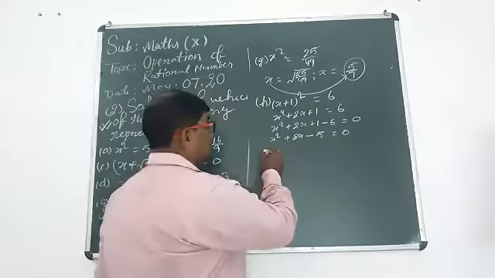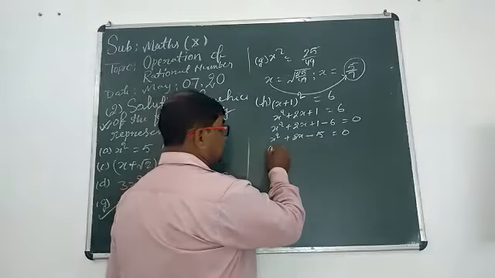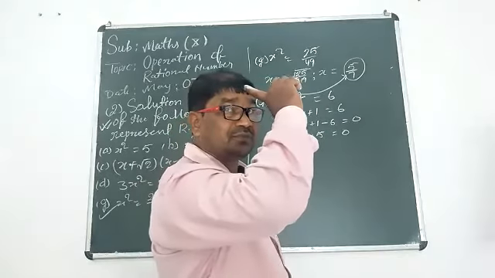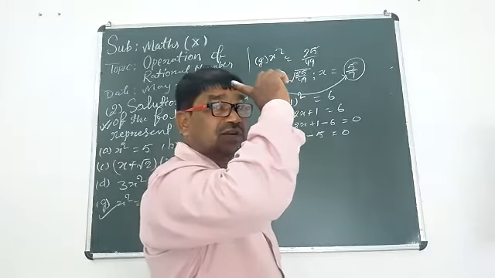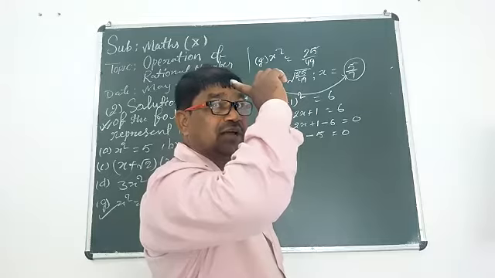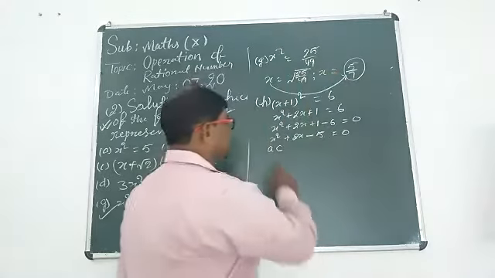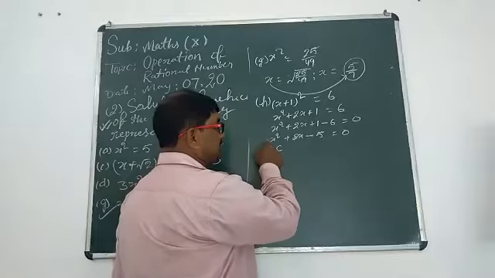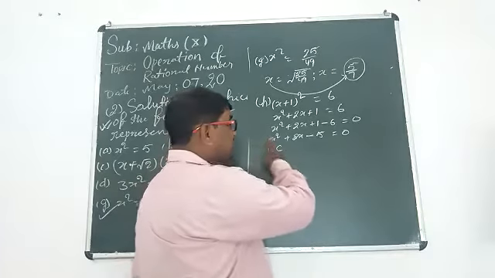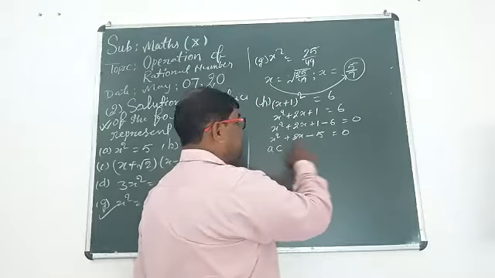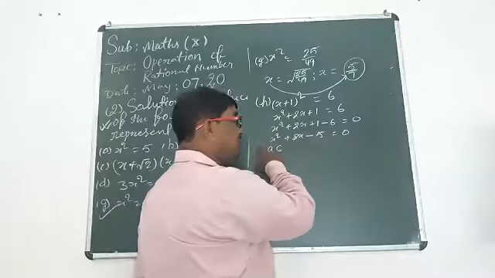For this, you should write AC first. Recall the concept from class 8. Factorizing the equation by middle term splitting. AC: A means coefficient of x square, C means constant. We will multiply these two.